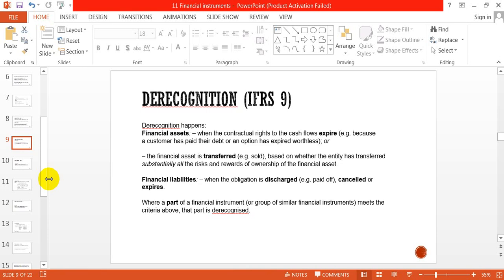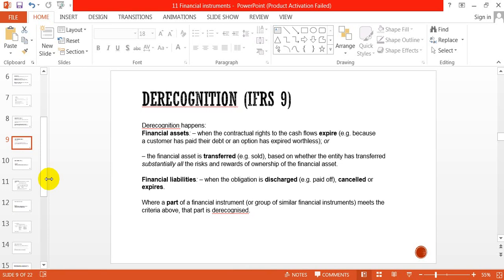Or it could happen that you could go to Mr. B and sell off those rights. Tell Mr. B that I owe you. If Mr. B can pay you, then Mr. B can chase up with me. So if Mr. B agrees and you transfer all the rights to him, then you can derecognize that asset from your books.